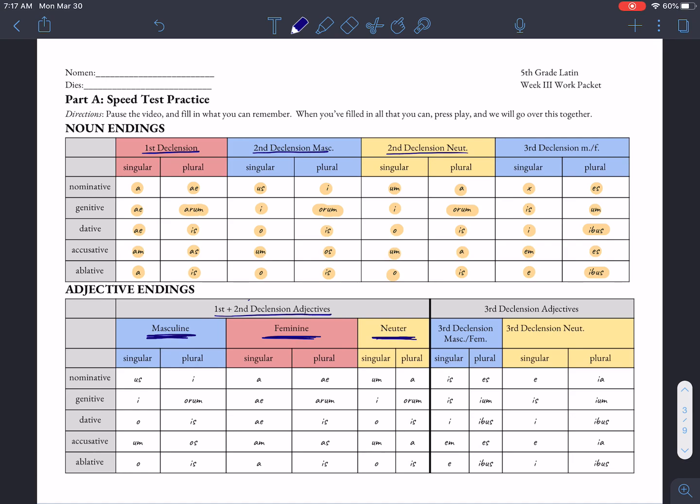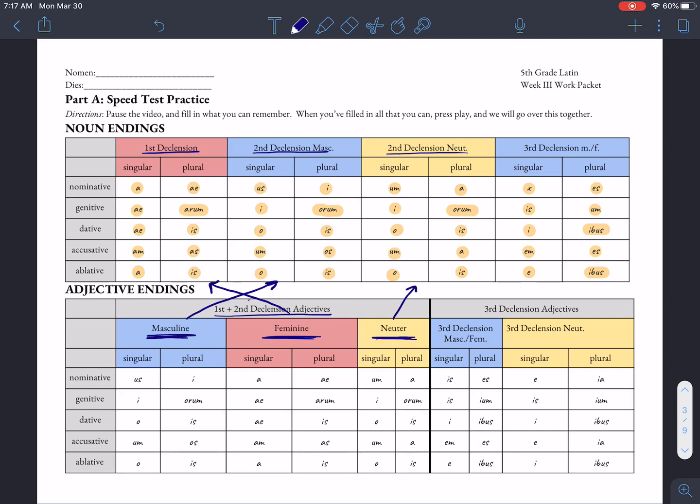Why? Notice these endings are the same as these, and these are the same as these. So it's not even like you're memorizing new stuff. It's just repeated and organized a little bit differently.